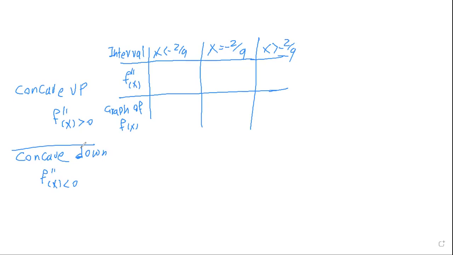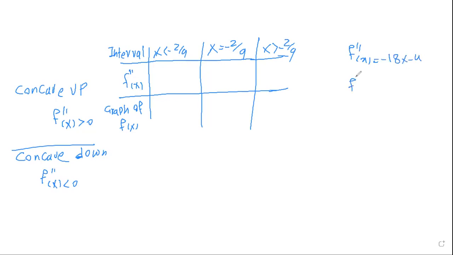Now we want to determine the sign of f''(x) here. For x less than negative 2/9, for example x = -1, because f''(x) was negative 18x minus 4.